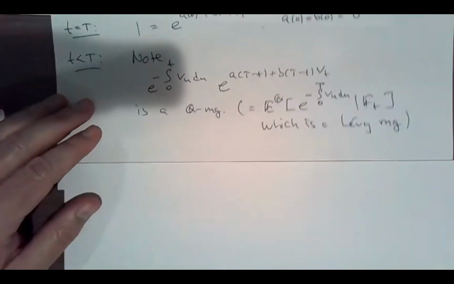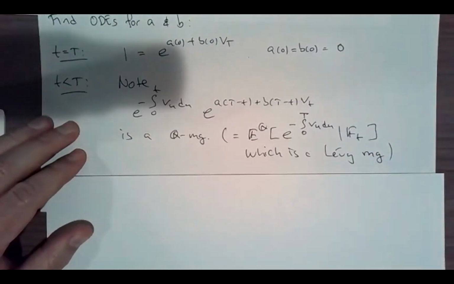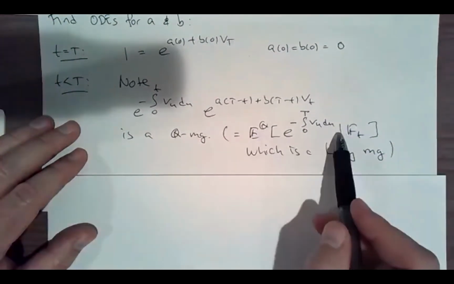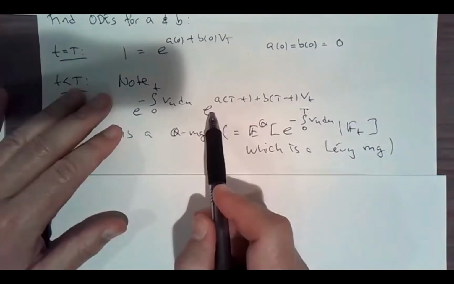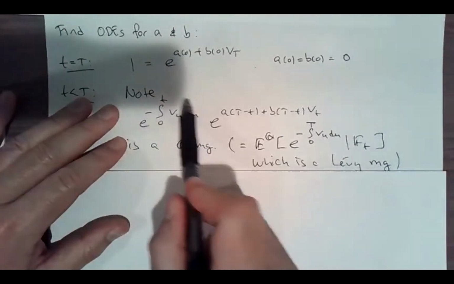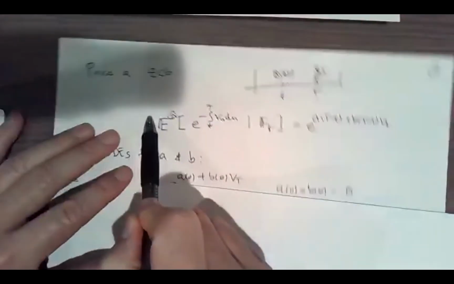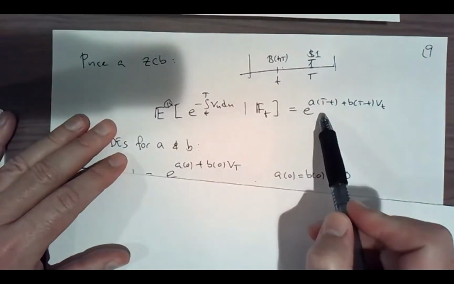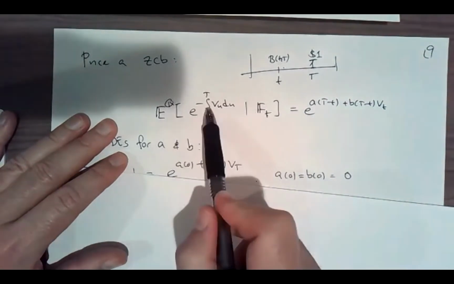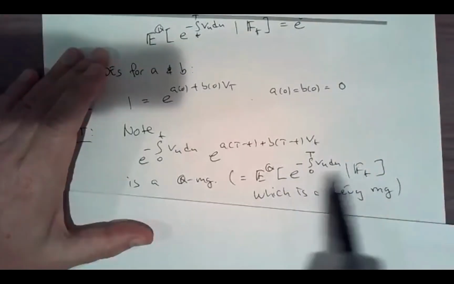Wait, Professor, could you explain how you knew that was a martingale? Conditional expectation? Yeah, this form that you wrote down, this is a Q martingale. Well, I multiply this quantity here onto the left-hand side, and then onto the right-hand side. So the left-hand side becomes that.